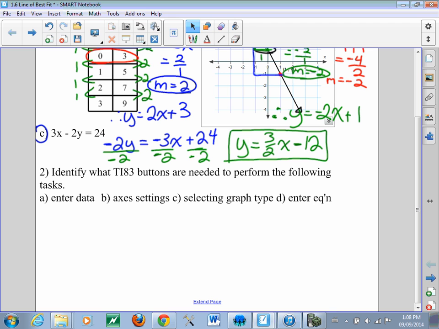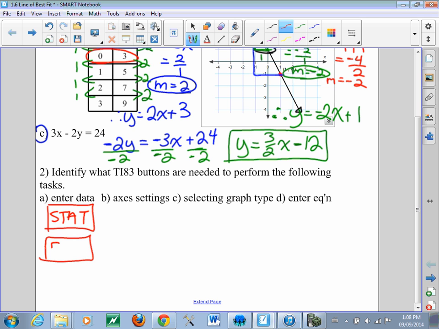All right, little pop question on what buttons we're going to press from last day's activity. To enter the data, what buttons do we use? Well, to get those lists, which had L1, L2, L3, you press the Stat button and enter, or 1, which is edit, doesn't matter. Enter is just easier.